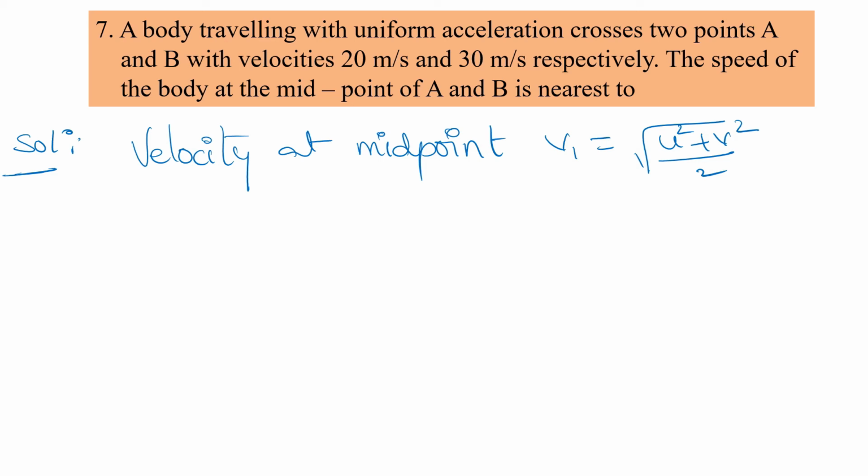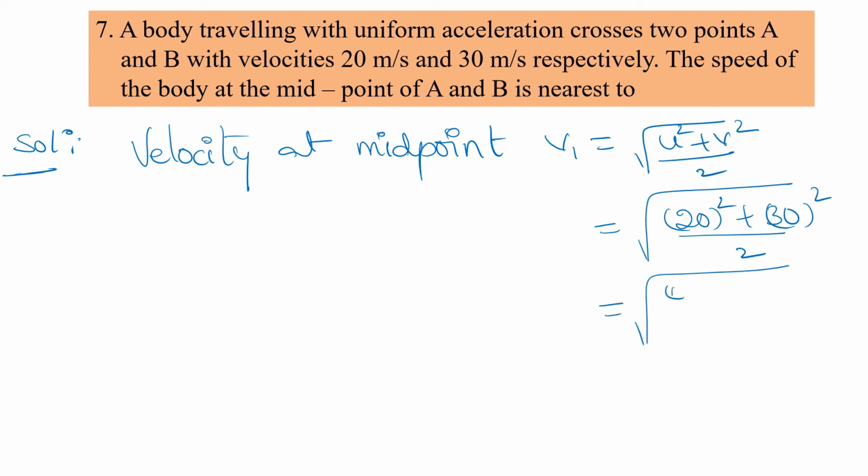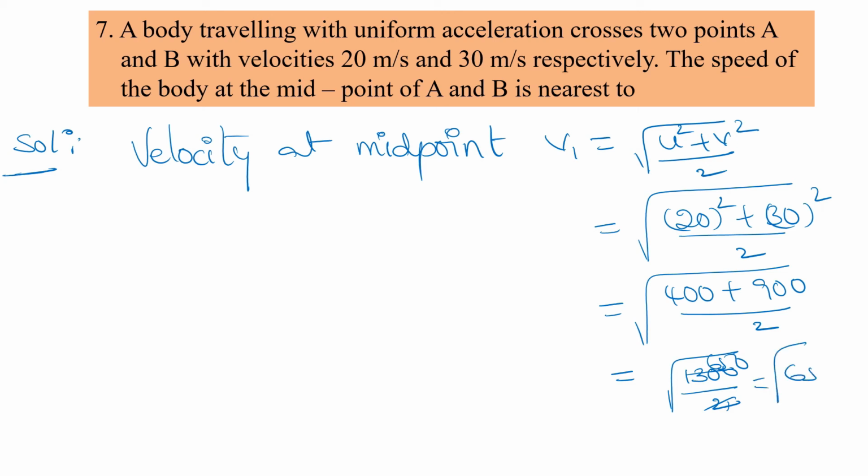Substituting U and V values, 20 square plus 30 square by 2. So this is 20 square, nothing but 400, and 30 square, 900, by 2. So that is equal to root of 1300 by 2, which is root 650.